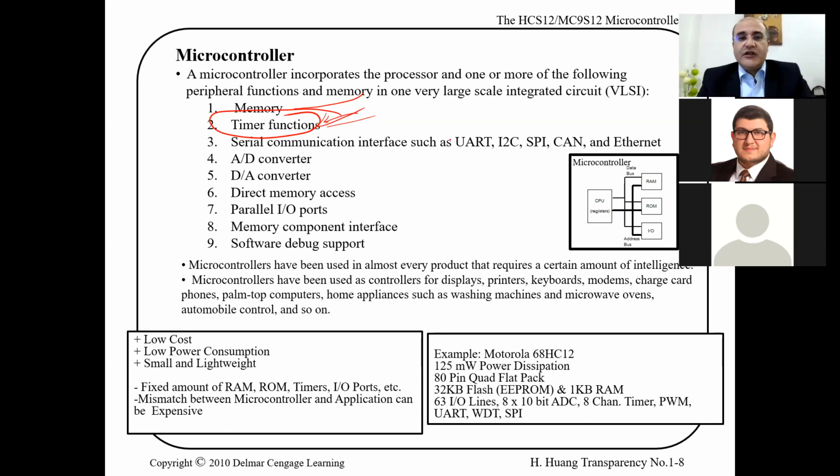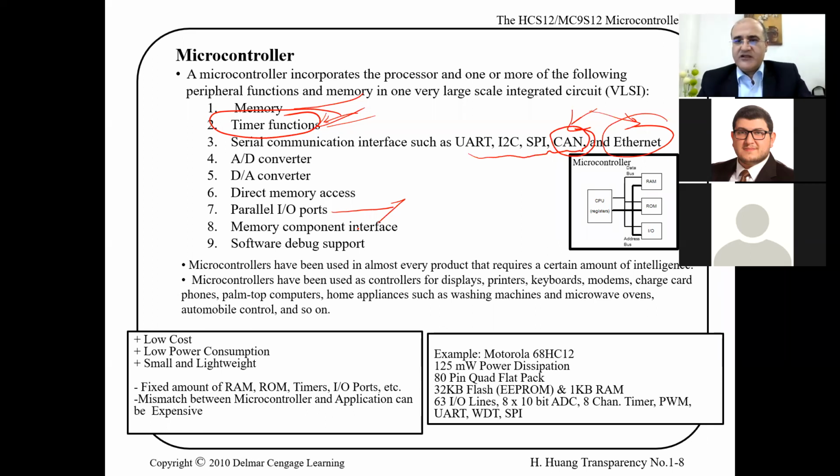It has serial communication interfaces, a typical microcontroller that ranges from asynchronous communication to synchronous communication to networking, either with the internet or with other kinds of controllers. Analog to digital converters that can read analog sensors, digital to analog converters to produce analog signals, DMA to directly access memory, parallel I/O ports, that is basic, a must, and has to be there in almost every microcontroller.